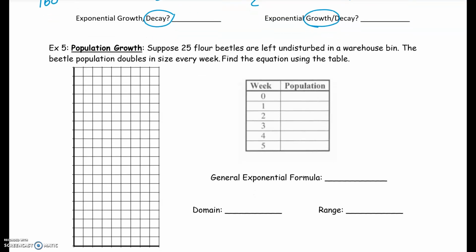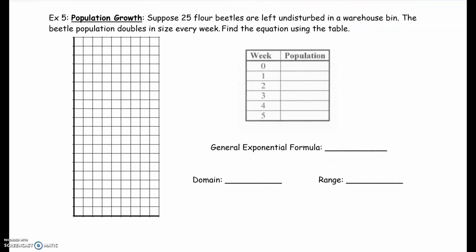So what is this going to look like when we put it into a word problem? It says population growth. Suppose 25 flower beetles are left undisturbed in a warehouse bin. The beetle population doubles in size every week. Find the equation using the table. So if we start off at week 0 in this table, how many beetles did we start with? Well, we started with 25 beetles.